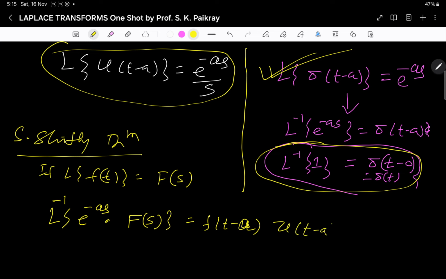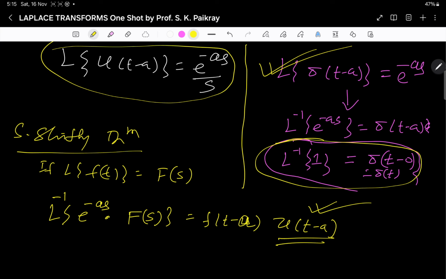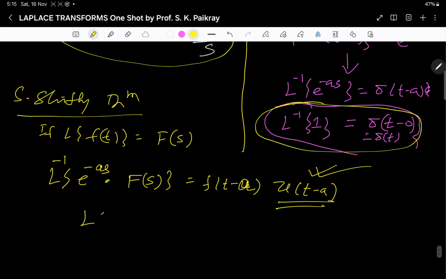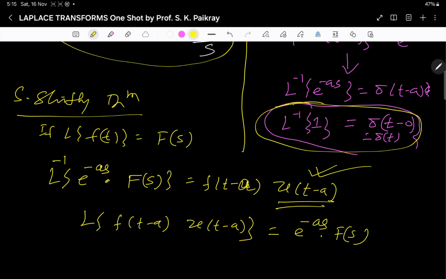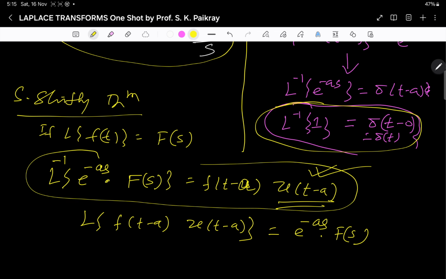Here u(t minus a) is the Heaviside function or unit step function. Likewise, L of f(t minus a) u(t minus a) will be e to the power minus as into F(s). Clear? So this is my second shifting theorem, right?